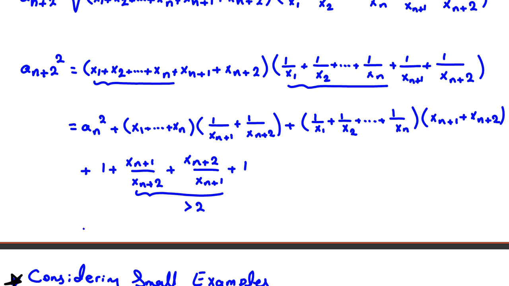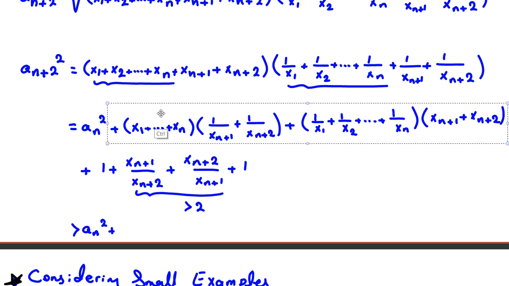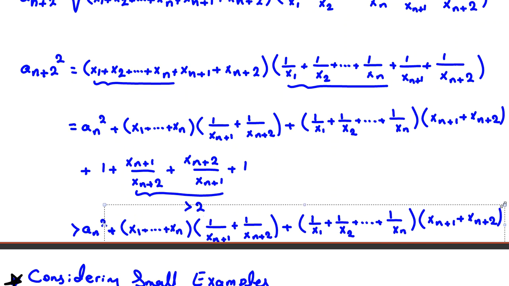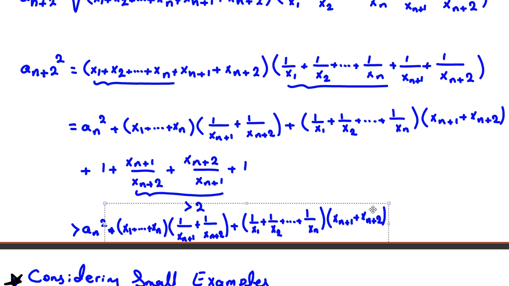Let's see why. It is greater than A_n squared plus, let's consider this part. And it is greater than 2, so 2 plus 1 plus 1, it is greater than 4.